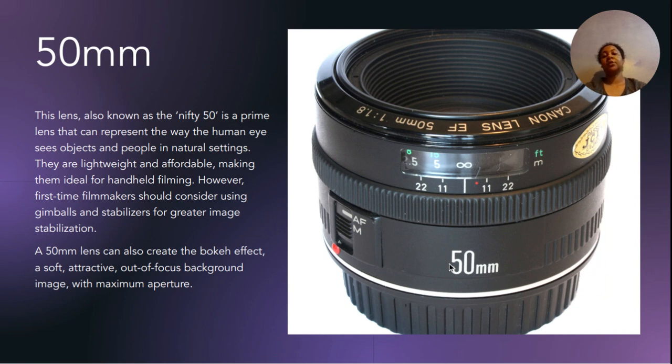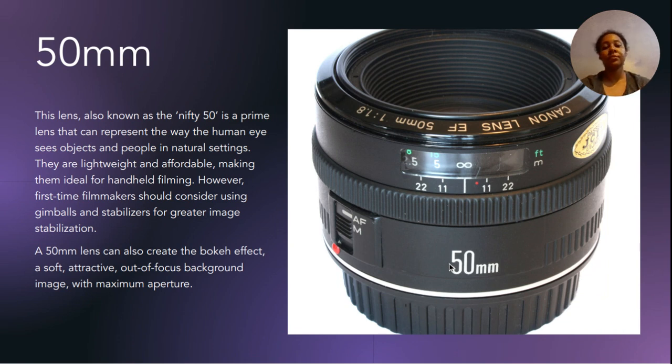I would say start with a DSLR camera ideally, so you know what you're doing with a camera. Also another tip is to use a gimbal or stabilizer for greater image stabilization if you're not very good with handheld filming.